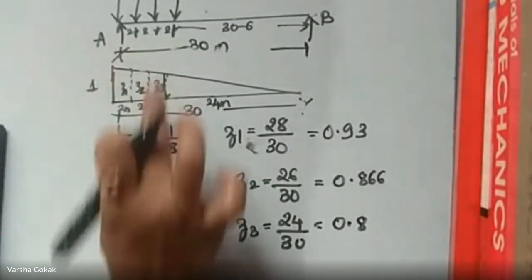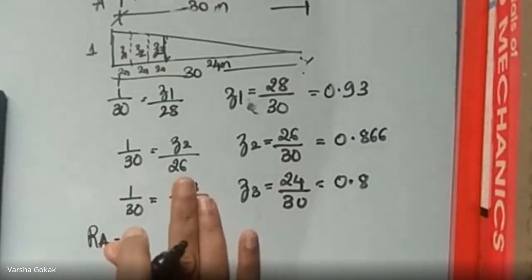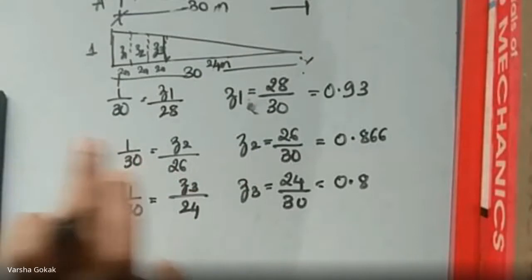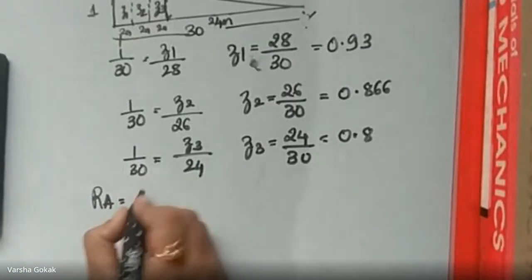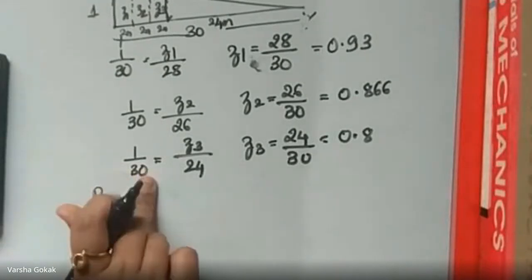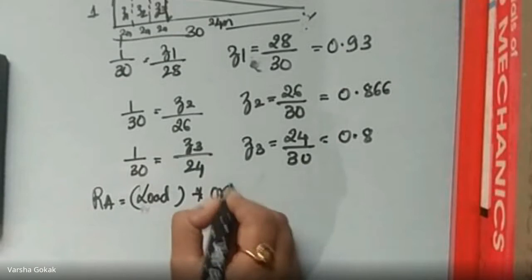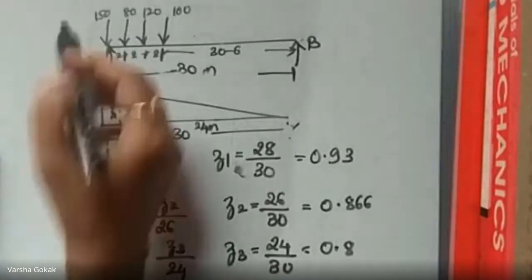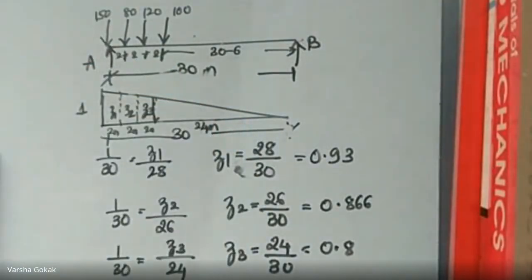So we got the ordinates. Now if I ask you to find the reaction RA, the formula will remain the same. If there is a UDL, it is load into the UDL. It is not a UDL, it is a point load. So when we are getting the reactions for point loads, the equation is load into the ordinates. Starting with 150 as the load, the ordinate below it is 1.